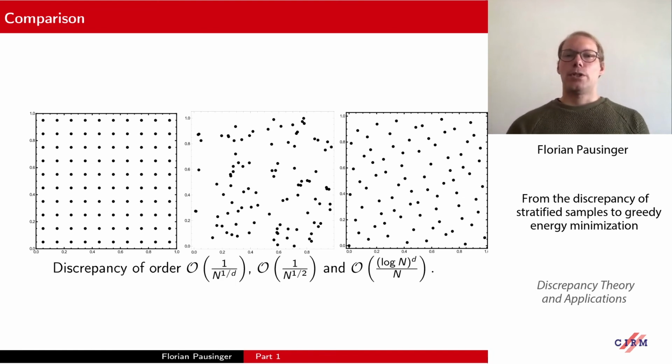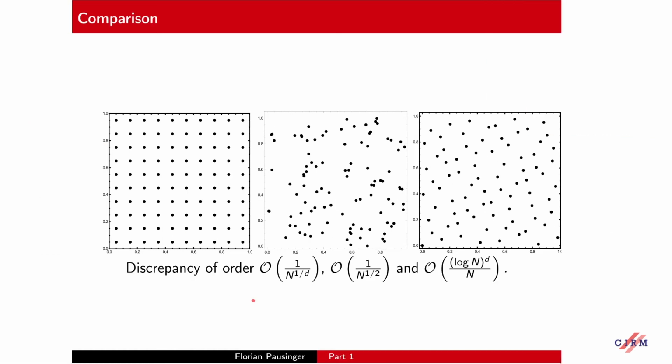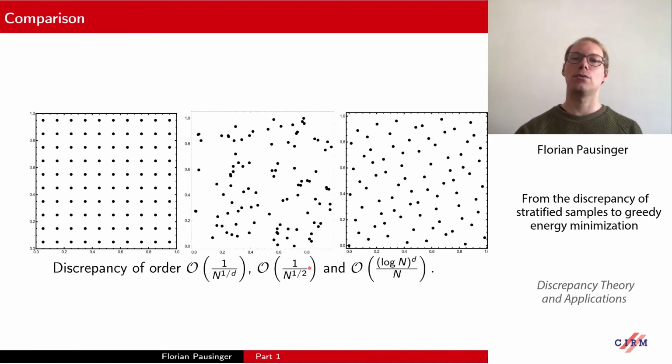So what you can see here are just three different plots of two-dimensional point sets. On the left-hand side, there is a regular grid, and it can be shown that the discrepancy of the regular grid is always of order 1 over n to the power 1/d. Whereas in the middle, this is a set of random points, and it can be shown that the discrepancy is always of order 1 over n to the 1/2.